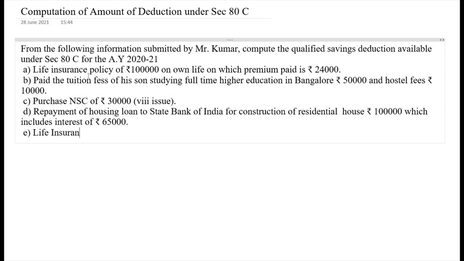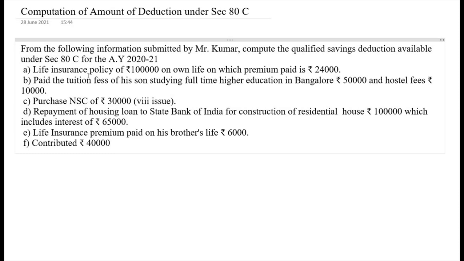Life insurance premium paid on his brother's life, rupees 6,000. F, contributed rupees 40,000 to public provident fund.